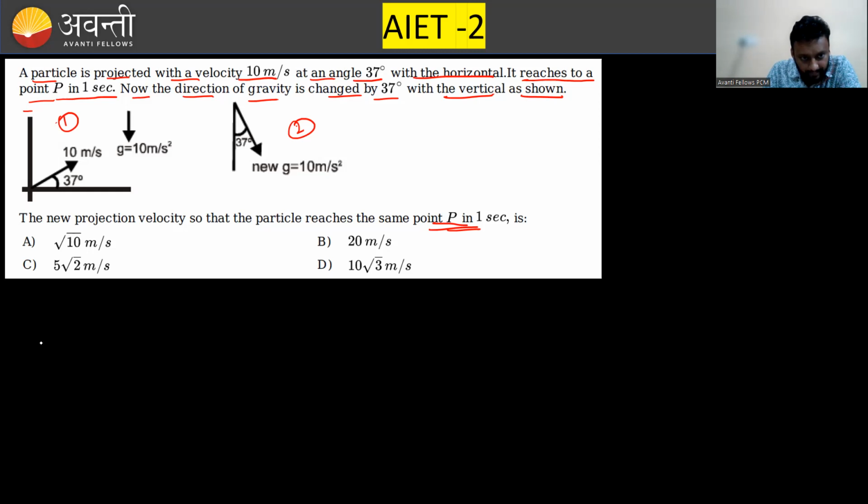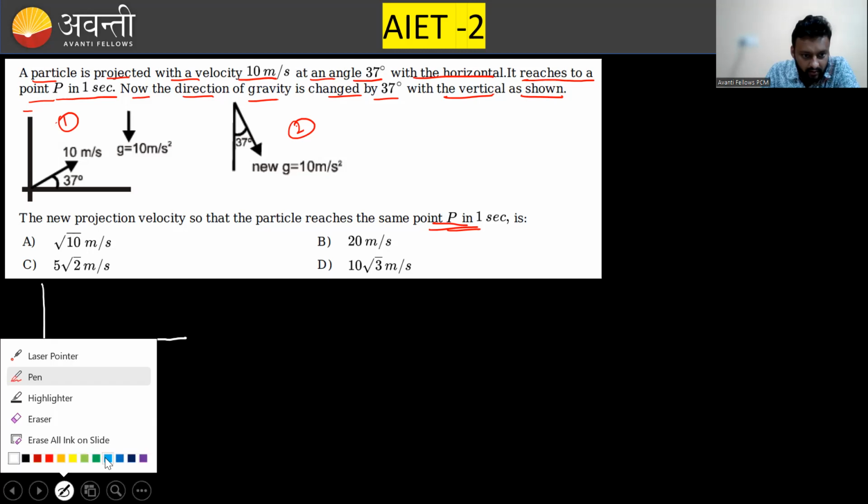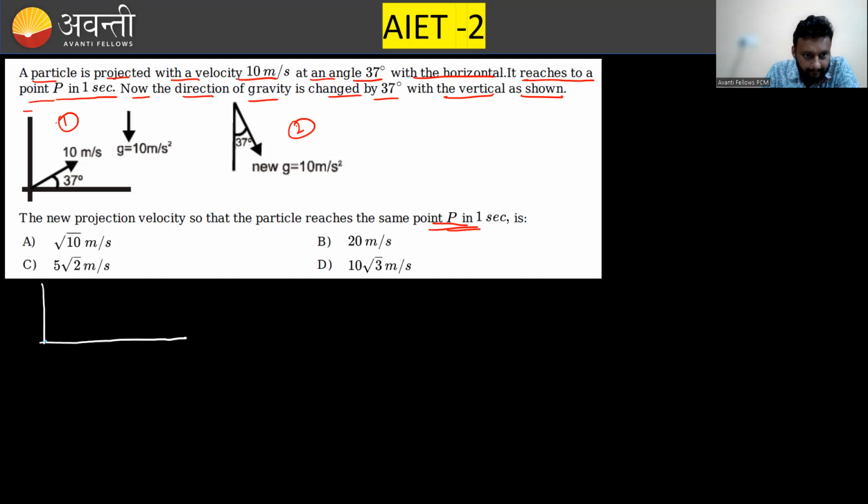Let's suppose this is horizontal, this is vertical, and the particle is thrown something like that. It will travel like that, I am assuming, with some initial velocity. This angle is 37 degree. Clear? And after 1 second, let's suppose it reaches a point P.